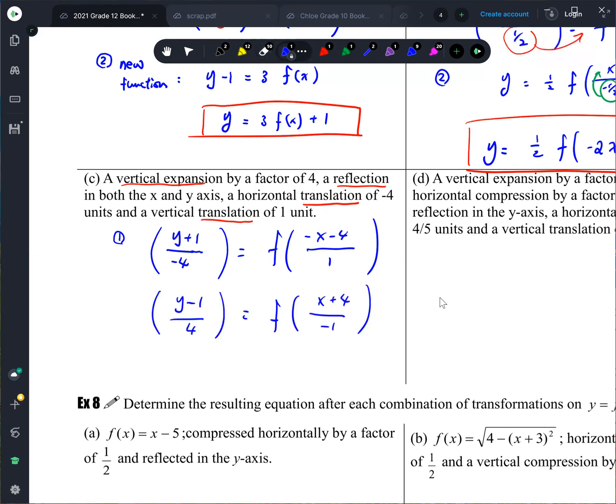Okay, so first thing, let's look at the first one, right? Because in order to be a story form, it has a certain rule. In front of the variable, it has to be clean, right? Nothing should be in front of the y, nothing should be in front of the x. So for this one, there's still a negative there.